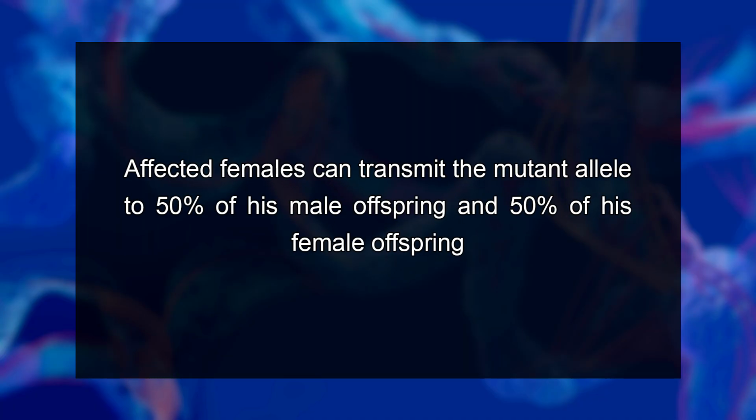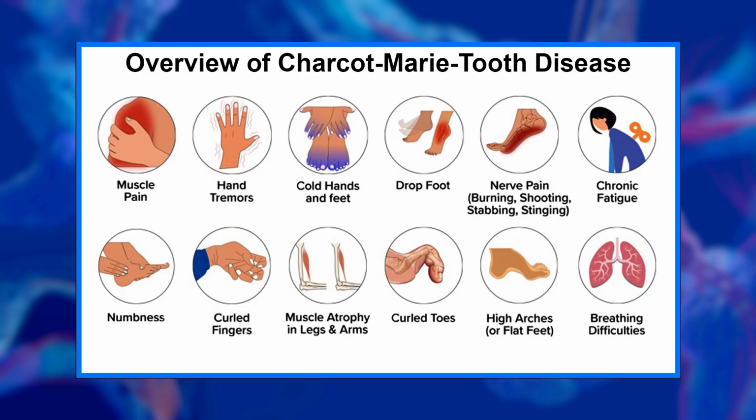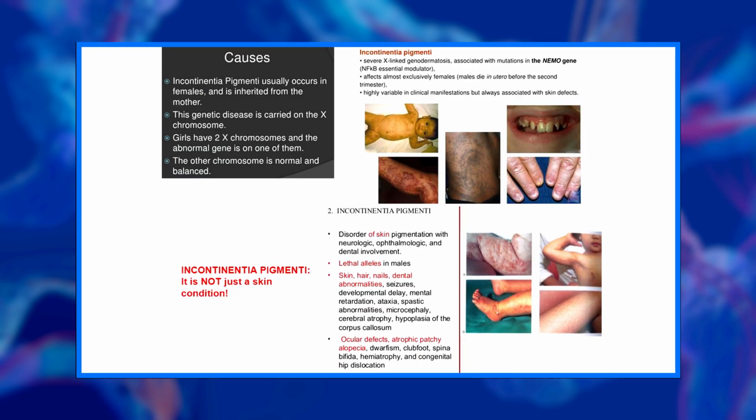Affected females can transmit the mutant allele to 50% of their male offspring and 50% of their female offspring. Examples are vitamin D resistant, that is hypophosphatemic rickets, and Charcot-Marie-Tooth disease. Some X-linked dominant disorders such as incontinentia pigmenti show a mosaic pattern of involvement for heterozygous females.